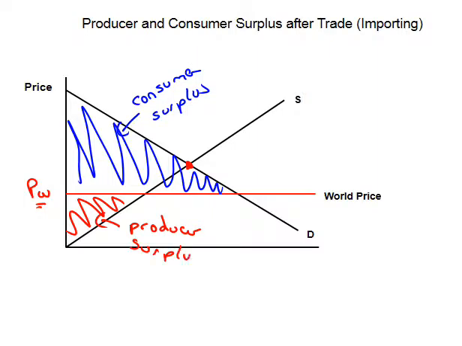But once again, if we add the consumer surplus with the producer surplus, looking at the community surplus, it is greater than without trade. And the triangle that we've picked up this time is this triangle. So we have an additional surplus, or overall surplus.